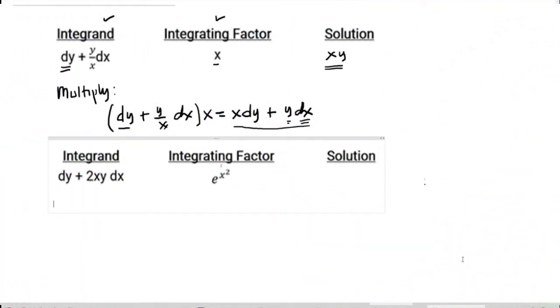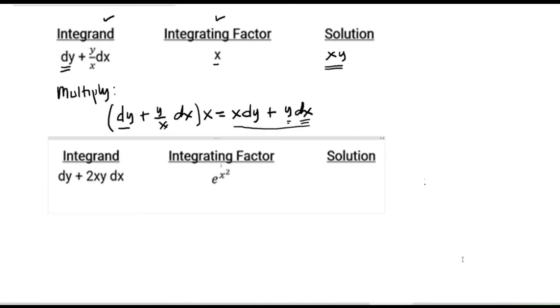In our second example, the integrand is dy plus 2xy dx, and the integrating factor is e raised to x squared. Now, we are going to find the product of this expression. So we have here dy plus 2xy dx, then multiply by e raised to x squared.